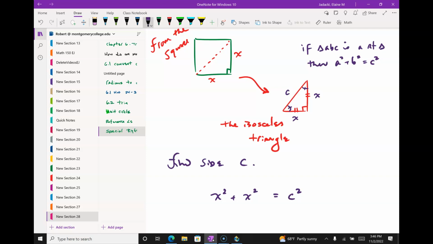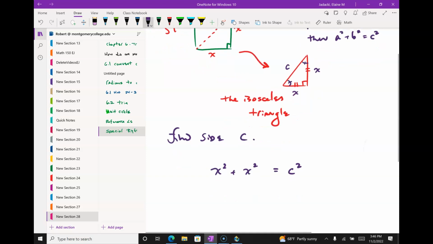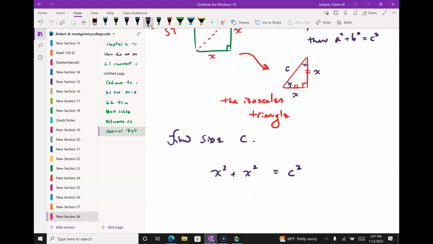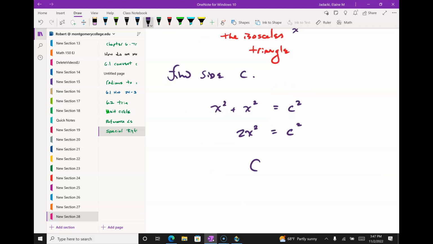So what do I get? How many x squareds on the left? Yep, 2x squared is equal to c squared. So c must be the square root of 2x squared, or better yet, x rad 2. The 2 can't come out of the square root, but x squared is a square, right?